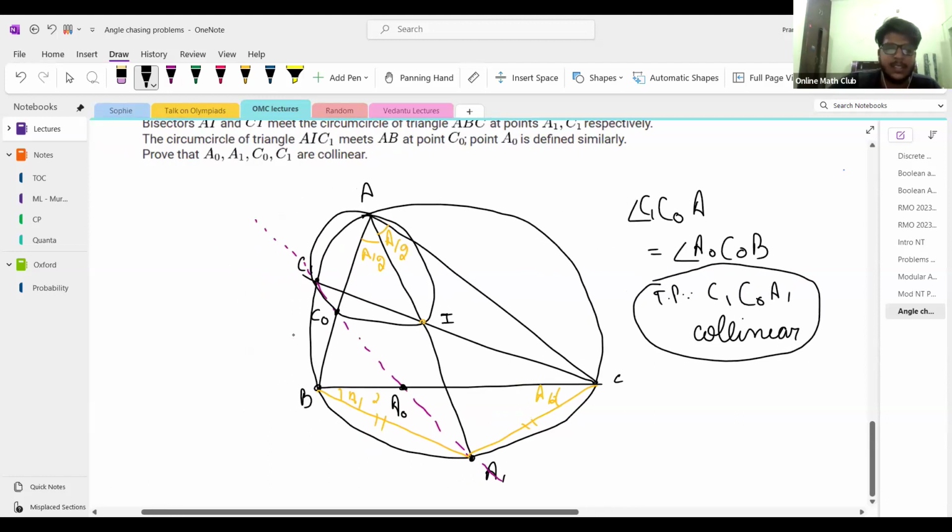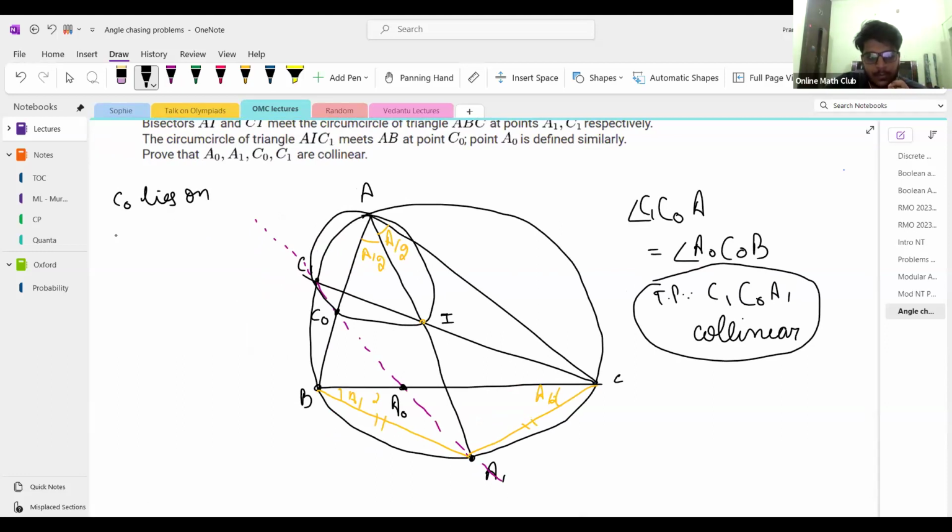How is C0 defined? C0 lies on circle AIC1. It lies on the line AB, and we want to show that it lies on the line A1C1, right?